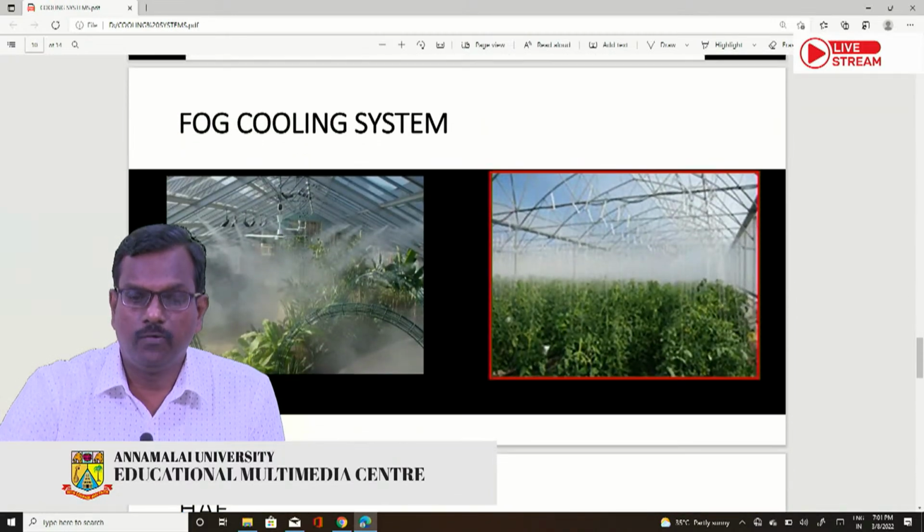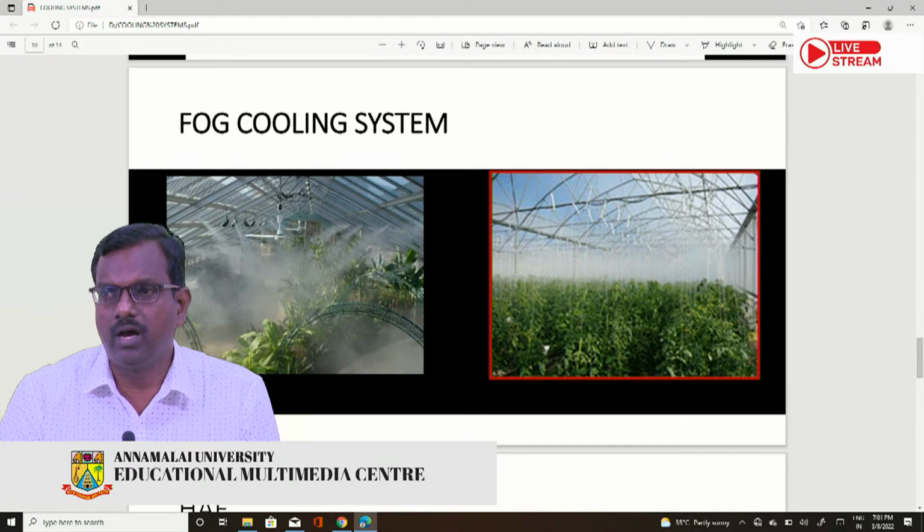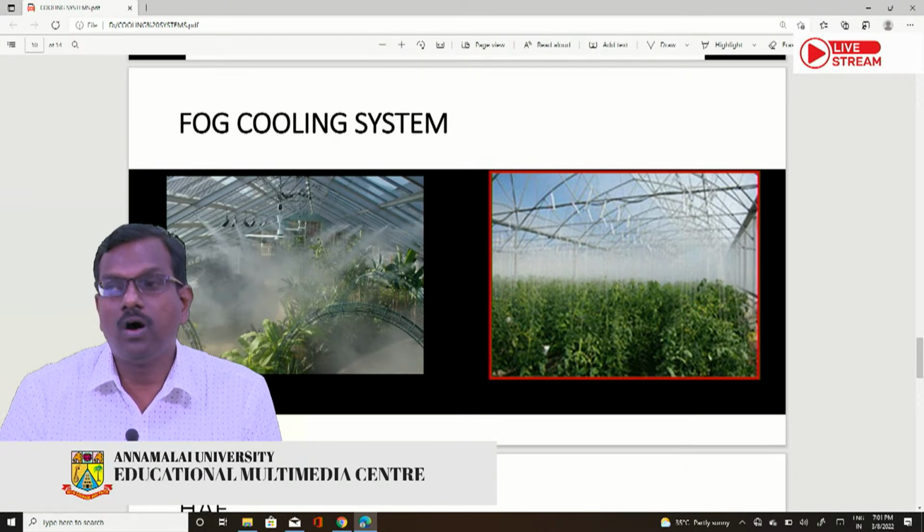Then the second one is the fog cooling system, in which we use foggers over the top of the plants or at the top of the greenhouse. In the foggers, the water will be sprayed over the area in fine fog form, or you can say mist form, right?